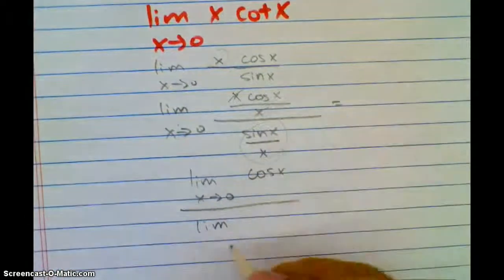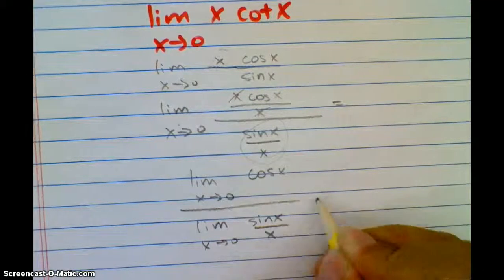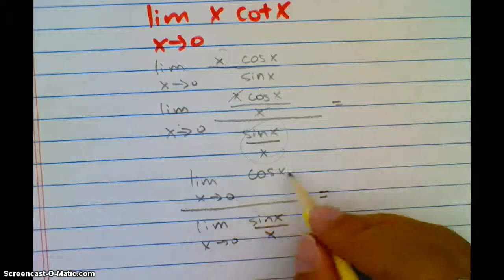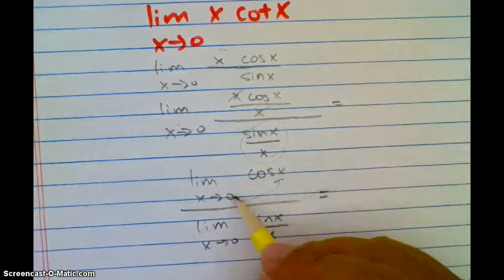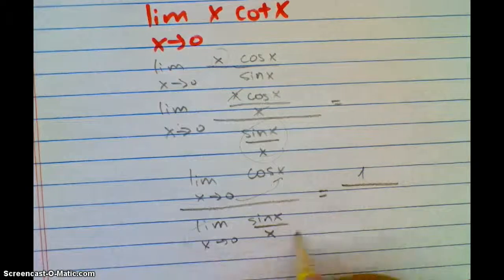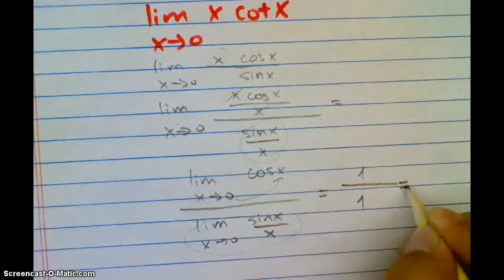And that is true as long as the limits of the numerator and denominator exist. So I have the limit of cosine of x as x approaches 0. I can just evaluate it. That's not a problem. Cosine of 0 is 1. And then I know for a fact that this is 1. So 1 divided by 1 is 1.